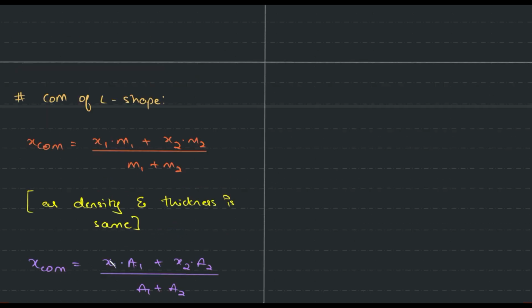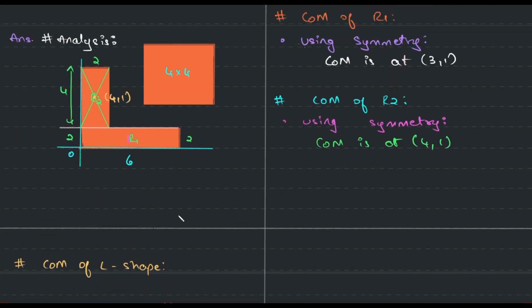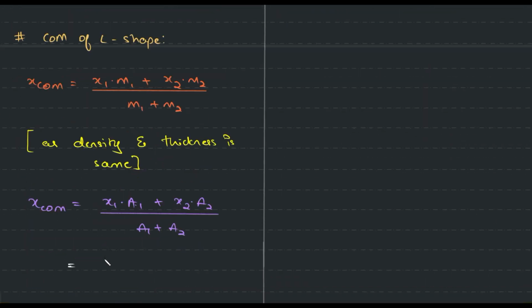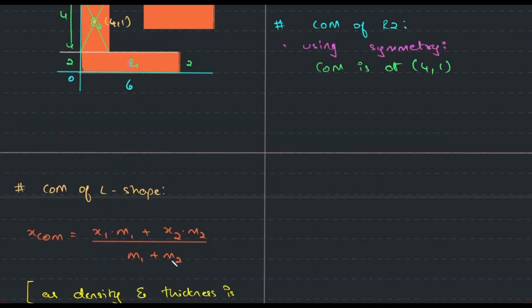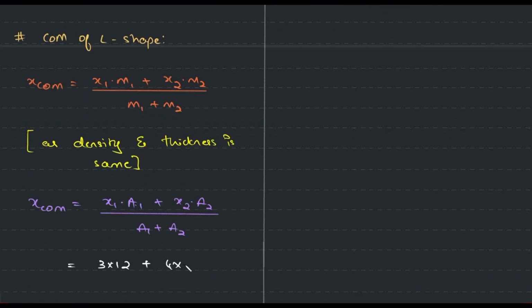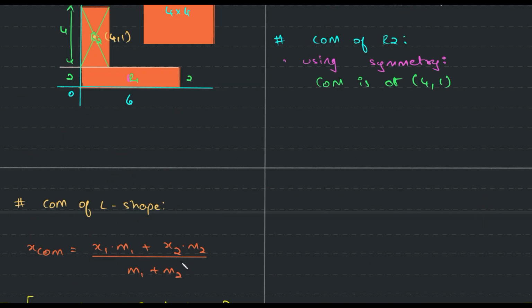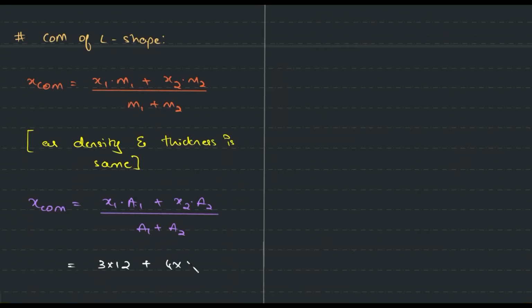So x1 is how much, guys? X1 is 3 and a1 is 12. 3 times 12 plus this is 4 into the area over here, 8, divided by 12 plus 8, which is 20.